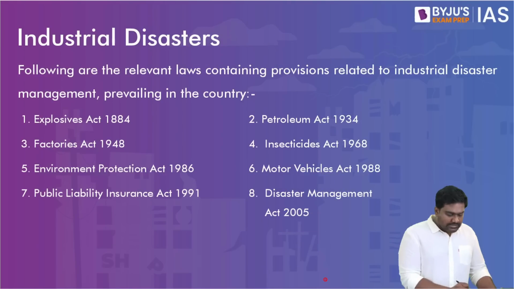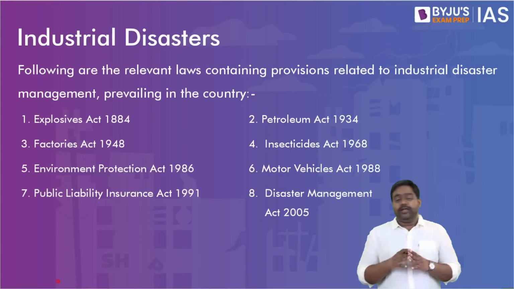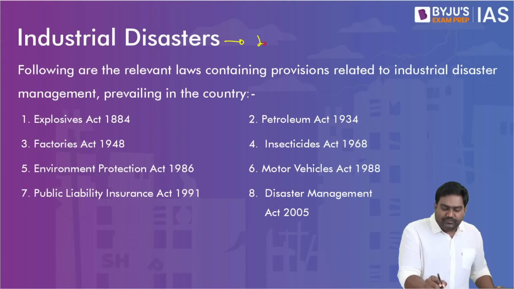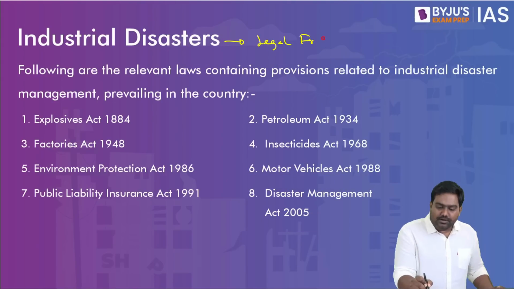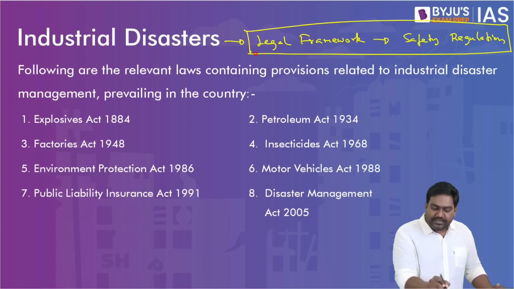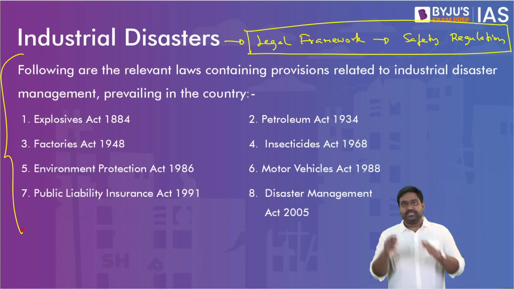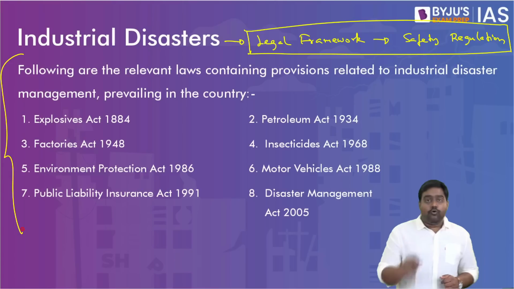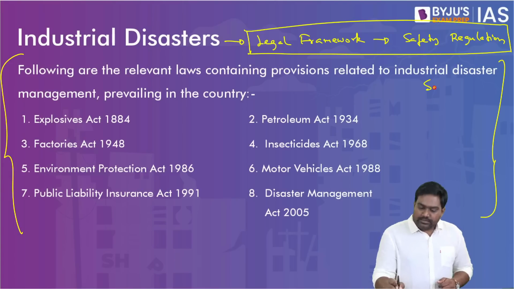Is that clear? That is why in India, there is a very strict legal framework for safety regulation in our industries and factories. All right. We have several laws in our country focused on implementing and enforcing safety standards.